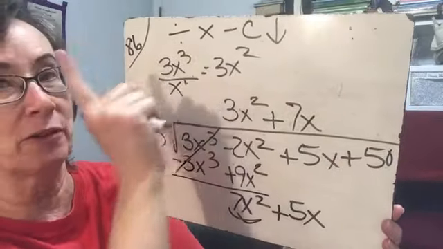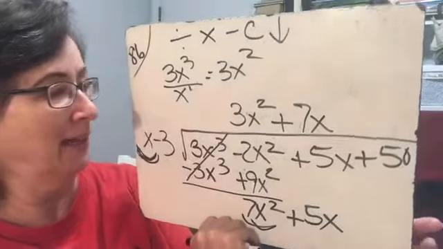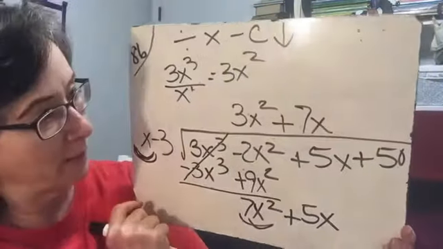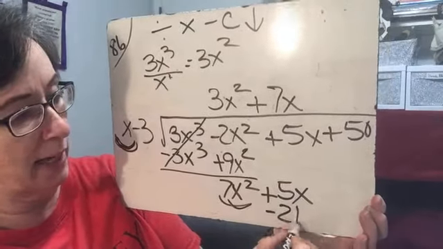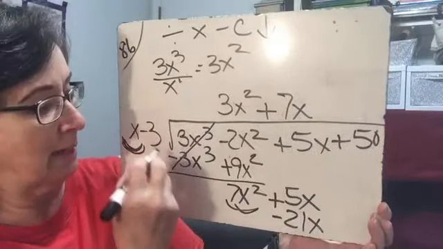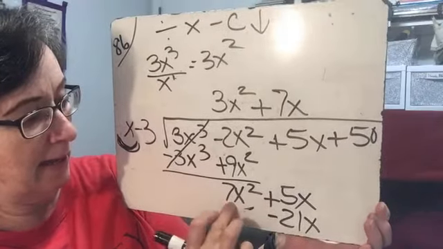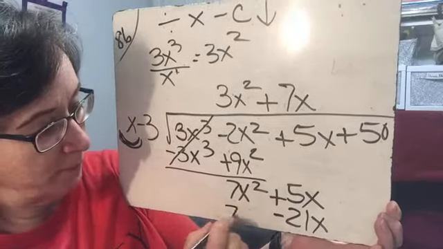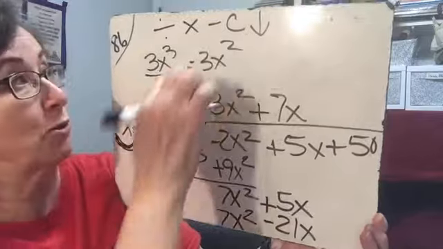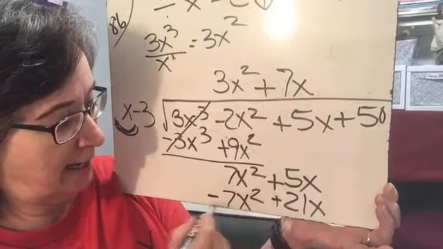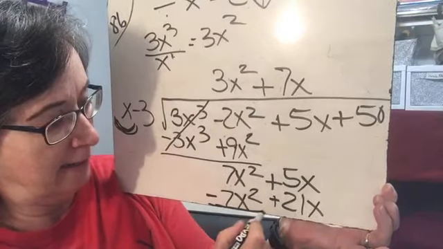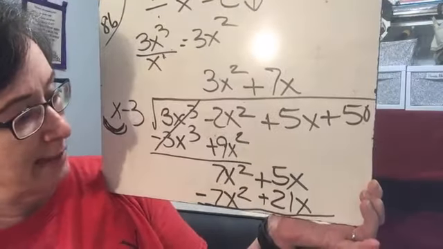7x, I divide with only one of them, but I multiply by both of these. Okay, so 7x times a negative 3 is a negative 21x. And a 7x times an x is a 7x squared. But I'm subtracting, so I must change both signs and add. Okay, so this one goes out.